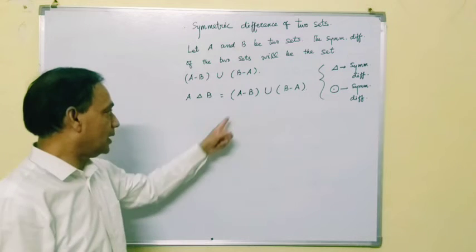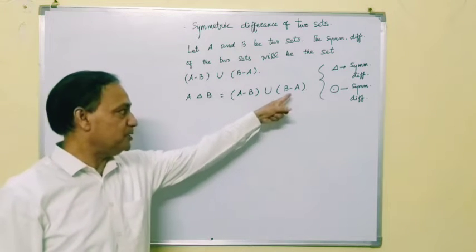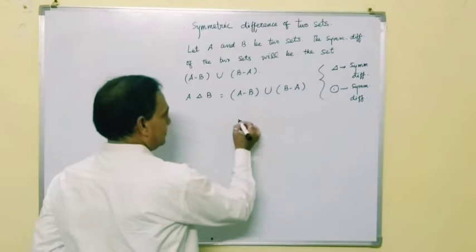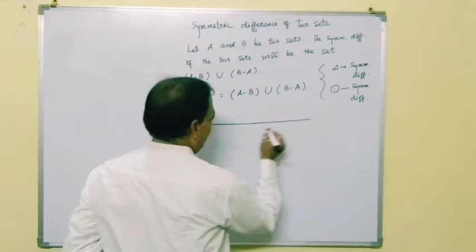तो अब आप इसमें देखिए A माइनस B यूनियन B माइनस A क्या होगा, बाय वेन डायग्राम.